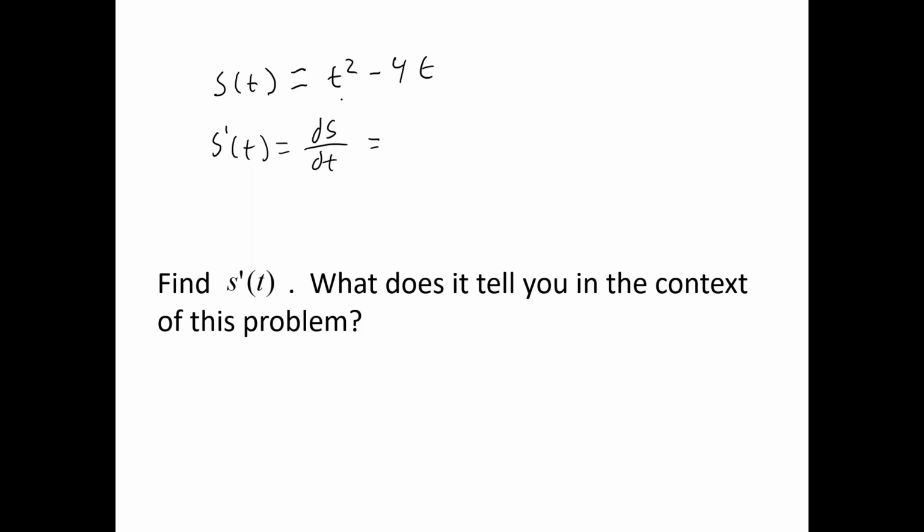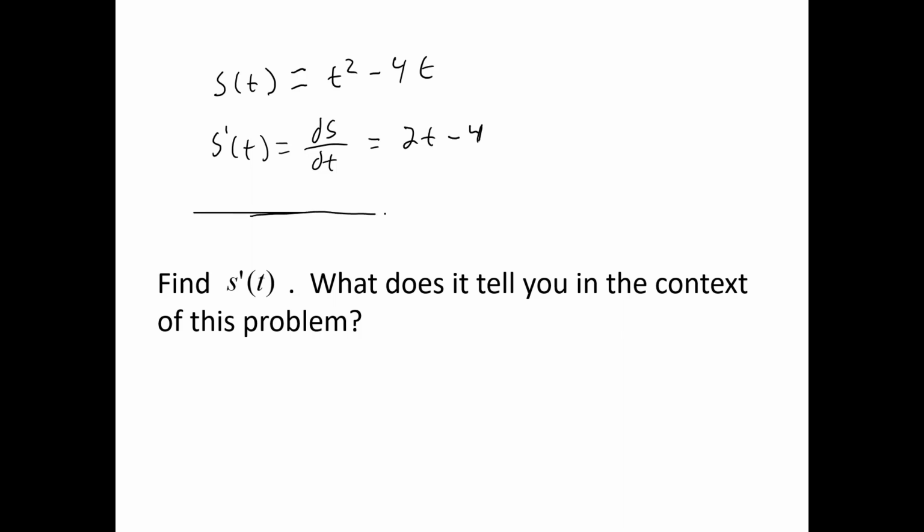And now we have the difference of two power functions. The derivative of this one is 2t, and the derivative of this one is minus 4. And so this tells me that my velocity, again, is not always constant, right? It's given to me by this expression 2t minus 4.